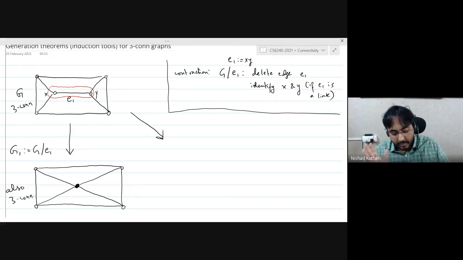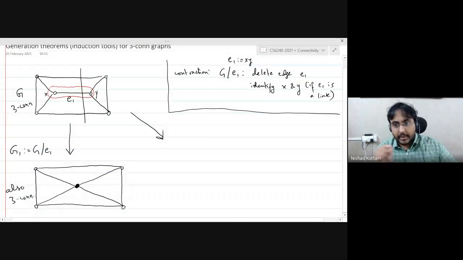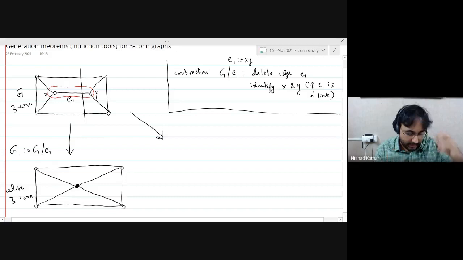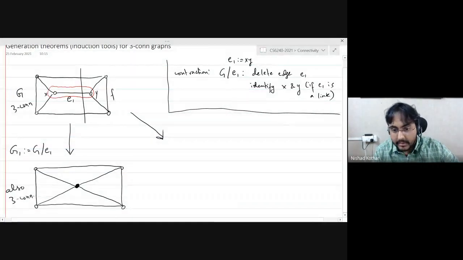So for any two edges, you can map one edge to the other edge, except for these three edges and the six edges of the triangle. So they can map to each other, but you cannot map any of these three edges to any of the remaining six edges. Okay. But anyways, I'm not going to get into that. It should be fairly clear from this graph. It's a very symmetric graph.